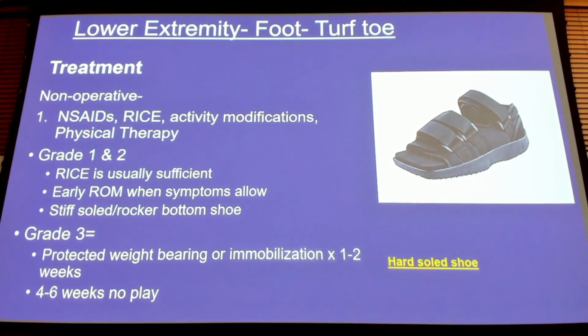Protected weight bearing, sometimes in a hard sole shoe. I would not necessarily put them in a cast, but I've seen, based on the patient's activity, that they may be casted for this. I think that's overkill because now you've just immobilized an ankle for no reason, for reasons that you don't really have to.